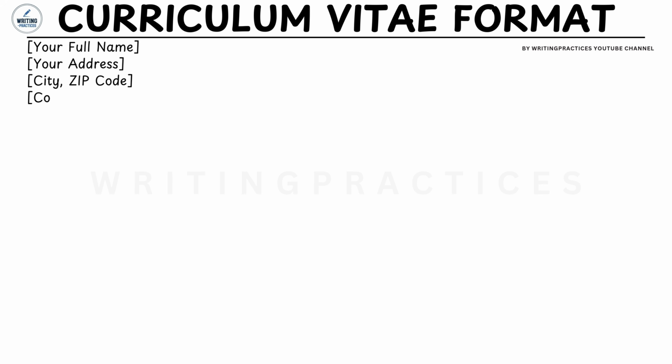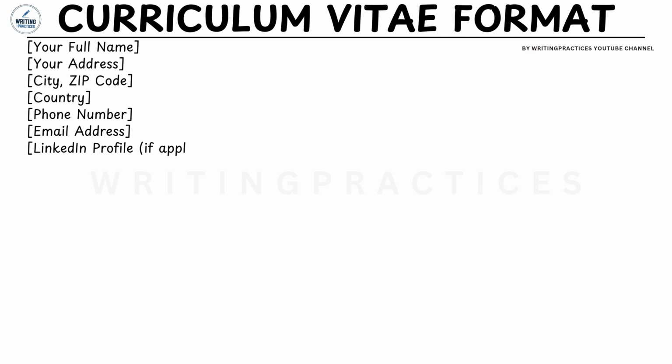Let's get started. Your contact information. At the very top of your CV, you need to include your contact details. This ensures that recruiters can reach out to you easily. Format it neatly with your full name, followed by your address, city and zip code, country, phone number, email address, and, if applicable, your LinkedIn profile.